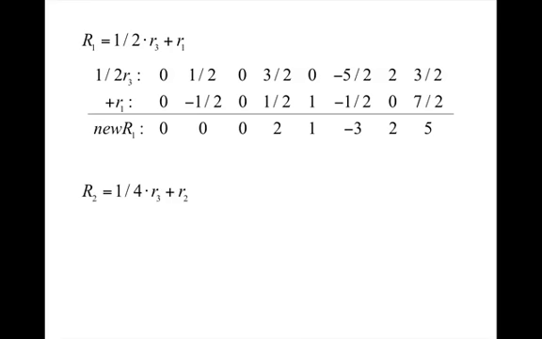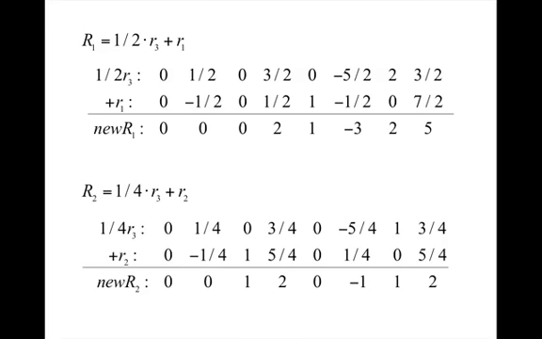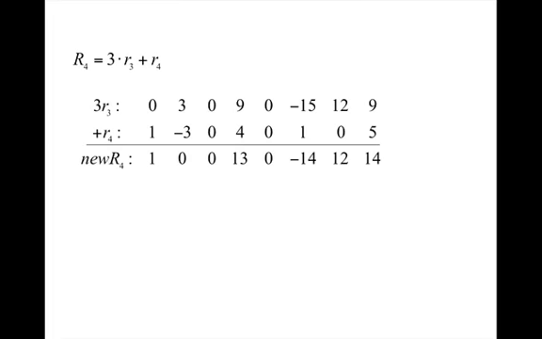When I multiplied row 3 by 1/4 and added row 2, I ended up getting 0, 0, 1, 2, 0, -1, 1, and 2. When I multiplied row 3 by 3 and added row 4, I ended up getting 1, 0, 0, 13, 0, -14, 12, and 14.